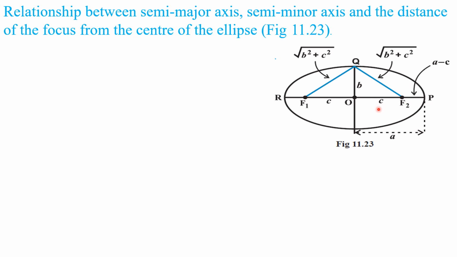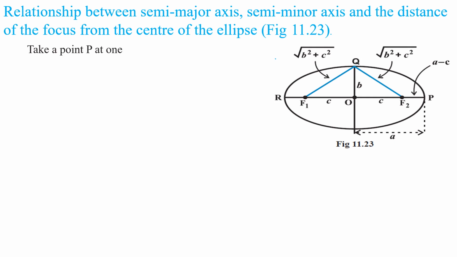Now we know here this is c and this is b. So by using the Pythagoras theorem, we get the F2Q length. By using the Pythagoras theorem, F2Q is the square root of b square plus c square. Understood this figure, my children? Figure 11.23.